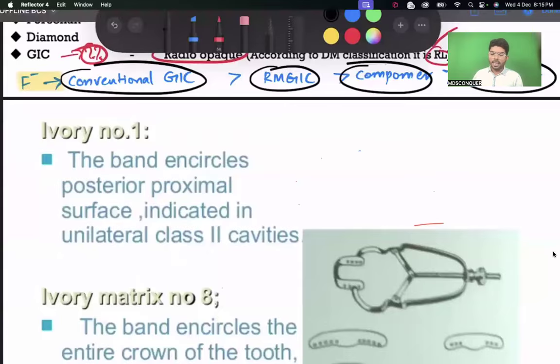Right. So next we come to matrix bands. Have you seen this matrix band? Ivory number 8. This is there in my kit in first BDS, but I have never used it. Rarely, once my senior forced me to use it.